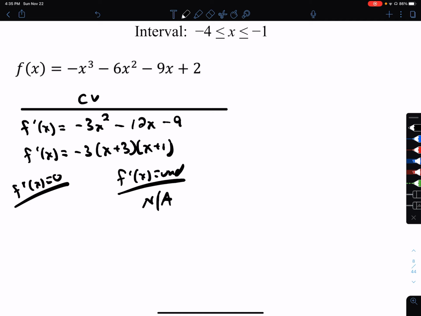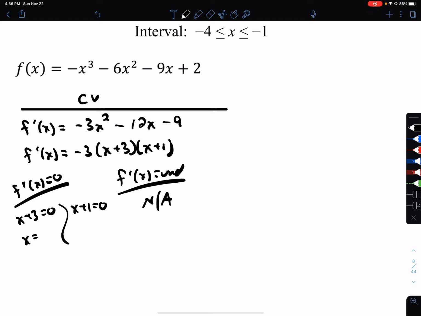A logical question I should have asked at the beginning: can we use the extreme value theorem on this? And the answer is yes. We're looking at a closed interval, equal signs here at the end, and this function is continuous. So what would make these equal to 0? Well, we would have x plus 3 equal to 0 and x plus 1 equal to 0.